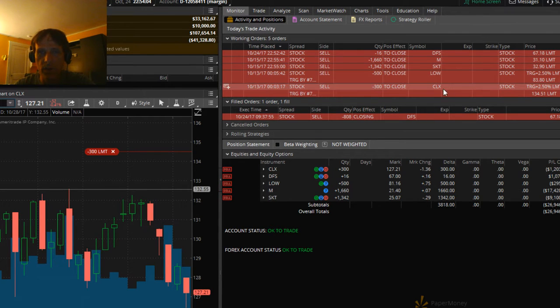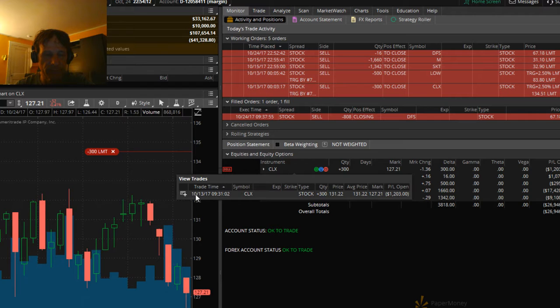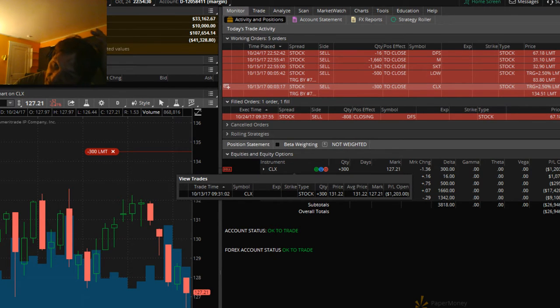Now, where are we with CLX? We at 135, and when did we get into CLX? Actually, we got into CLX this month, about 10 days ago. Okay, so they must have the dividend coming out very shortly, and she didn't make the move that we wanted her to make. We got her at 131. And she's at 127.